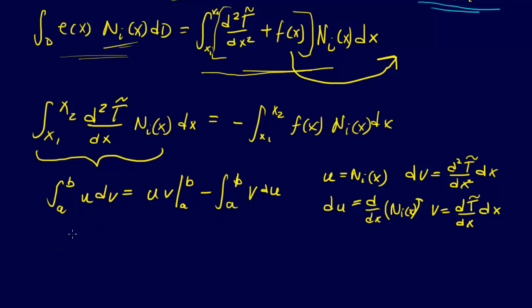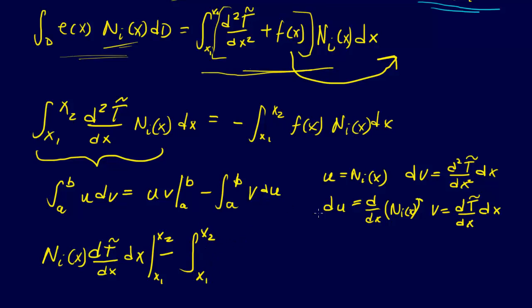So uv, that'll be Ni of x times dt squiggly dx, evaluated from x1 to x2, minus the integral from x1 to x2 of v du.